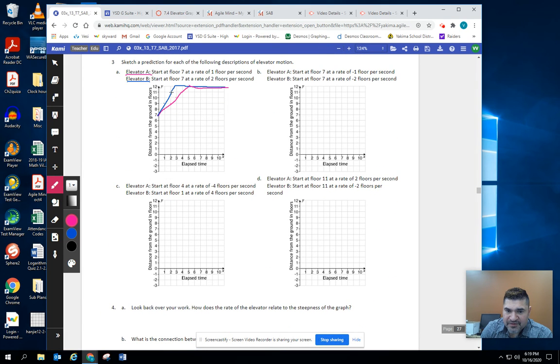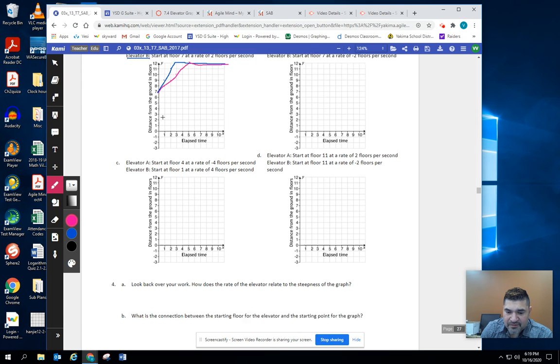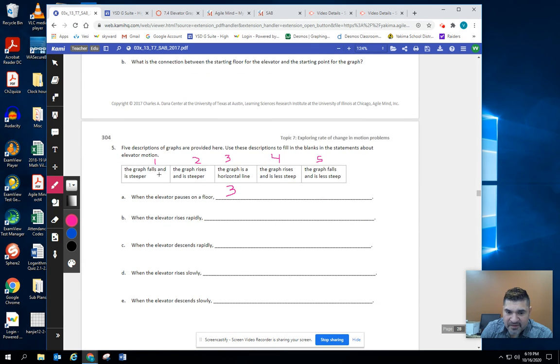This line here is pretty steep, but this one here is a lot steeper. So let's go ahead and write in that the graph rises and is steeper.